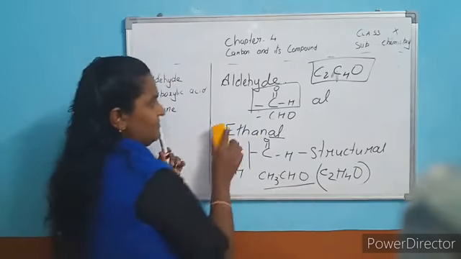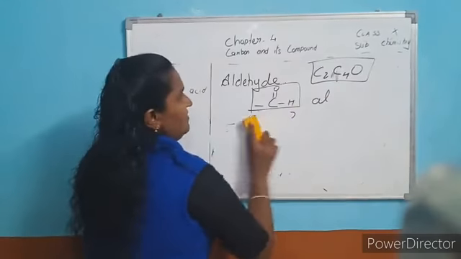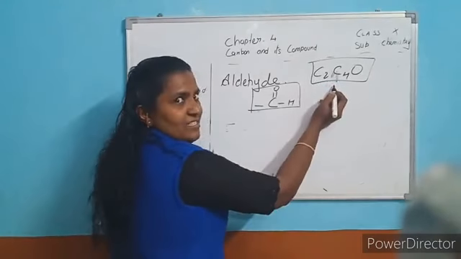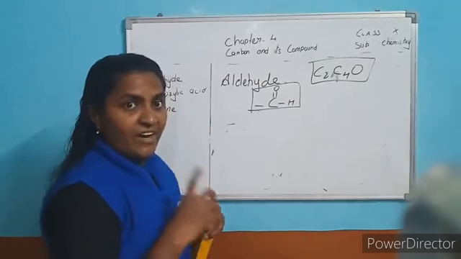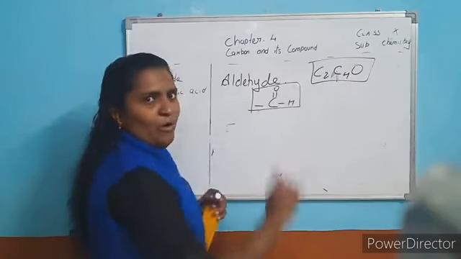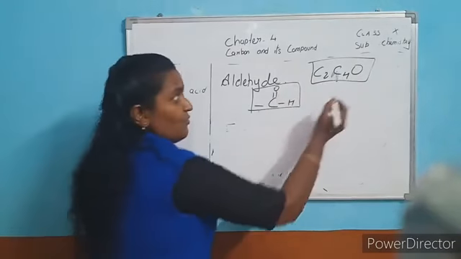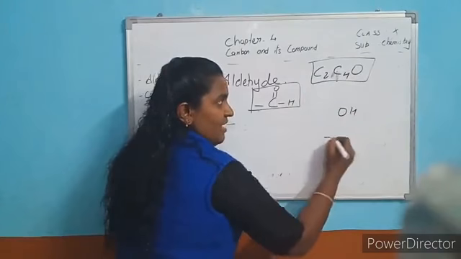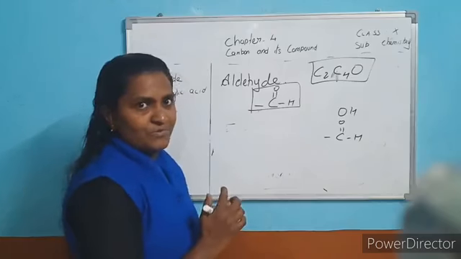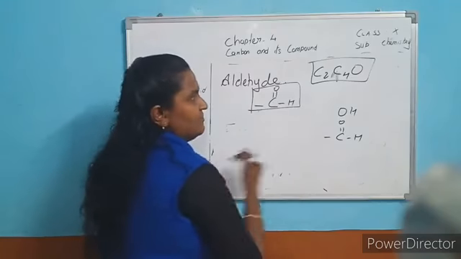Let me explain once again. You have got the formula like this. They are asking you to find the functional group and the alkyl group of this compound. You should know O means the alcohol group or the aldehyde group. One more group is the keto group. But first we check with this.